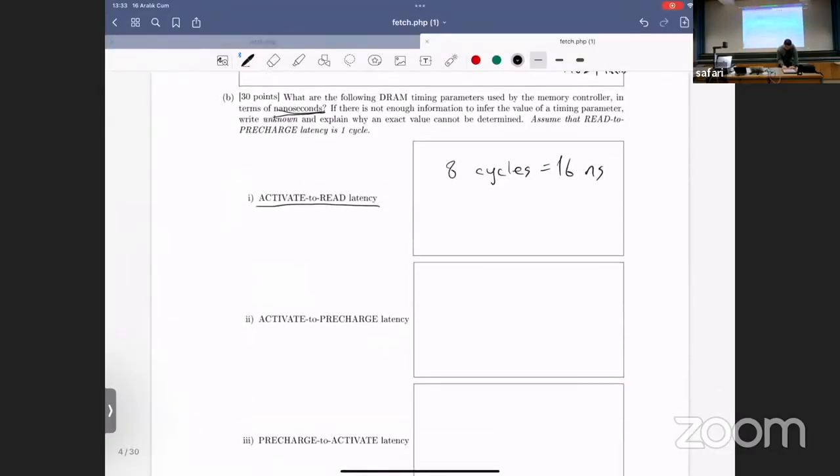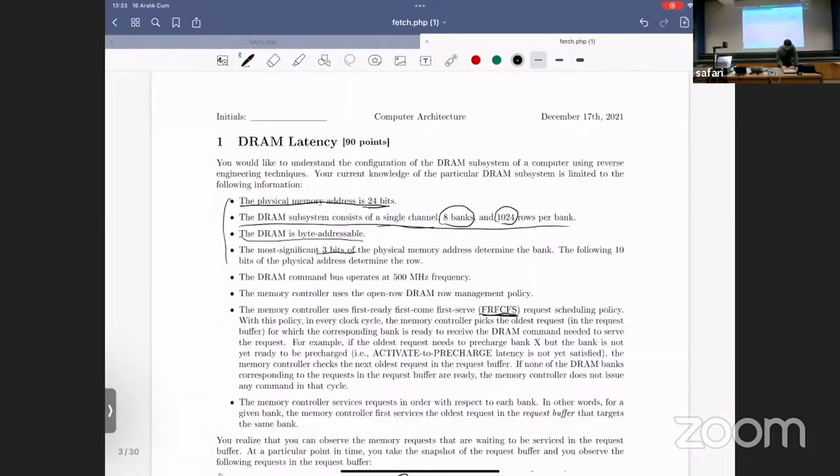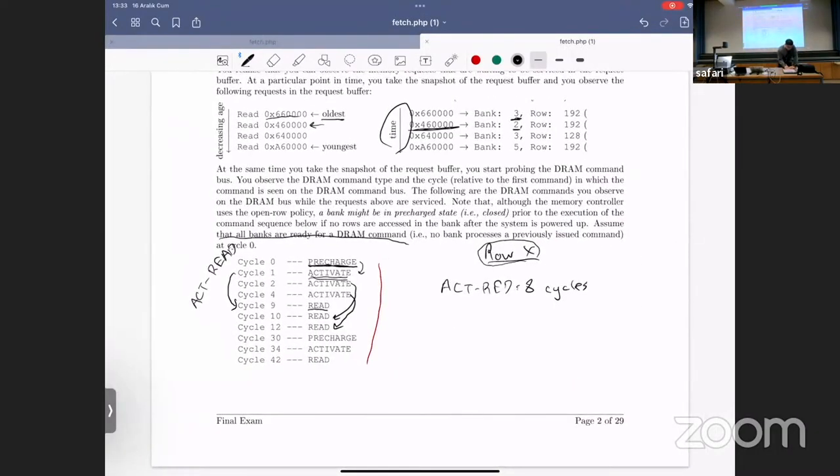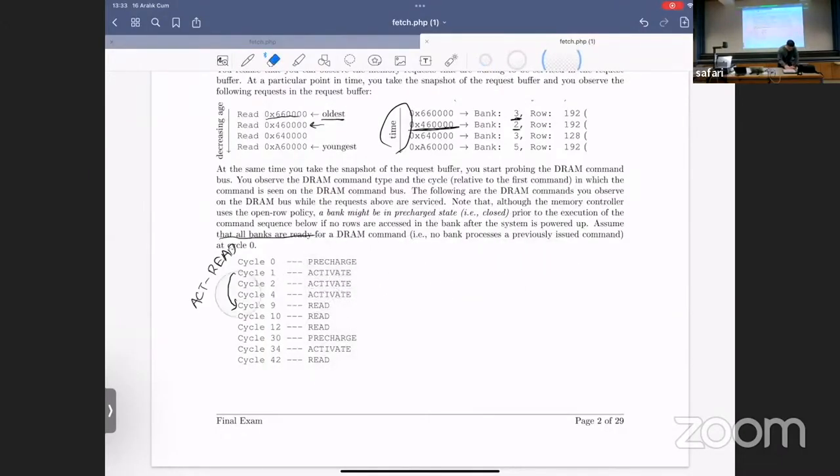Okay. And then it's activate to pre-charge latency. And for that, we will look at the latency between these two. So this one. This activate command must be for the first request. Maybe I should clean this up a bit. Don't need these. Well, I think we need this, but row X was open in bank 3 at the beginning of the timeline.